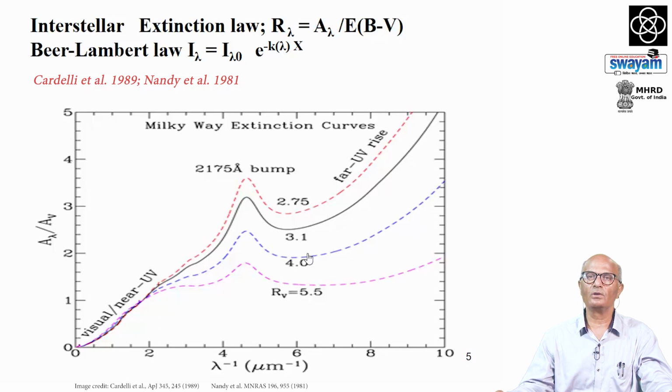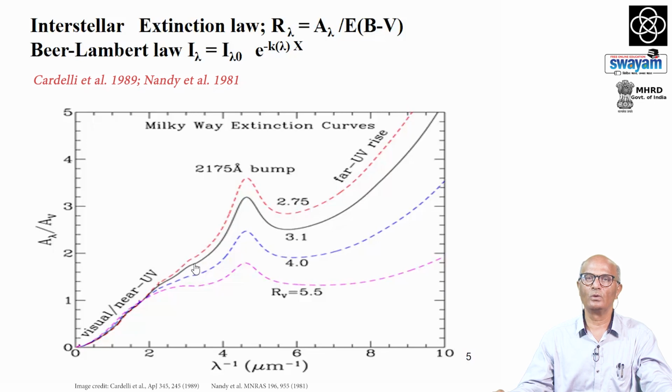The important thing to notice, depending upon what is the constituent of this interstellar matter, we may have a value of A lambda by E(B minus V) different for different curves. For example, 3.1, which is considered to be normal, and in most parts of the galaxy this is true.